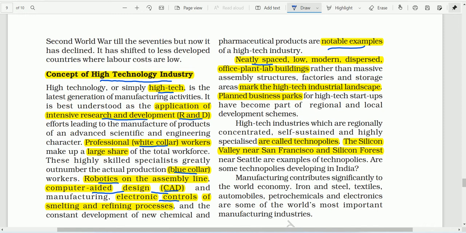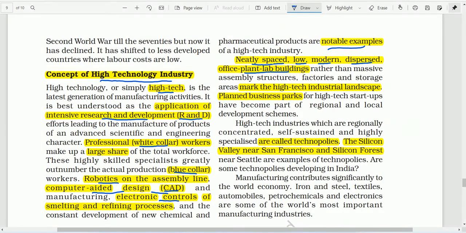But in the case of a high-tech industrial region, the area is neatly spaced, buildings are low, not compact, modern, dispersed, and office plan led buildings, very neat and clean, rather than the massive assembly structures, factories, and storage areas in the case of traditional large scale industries.